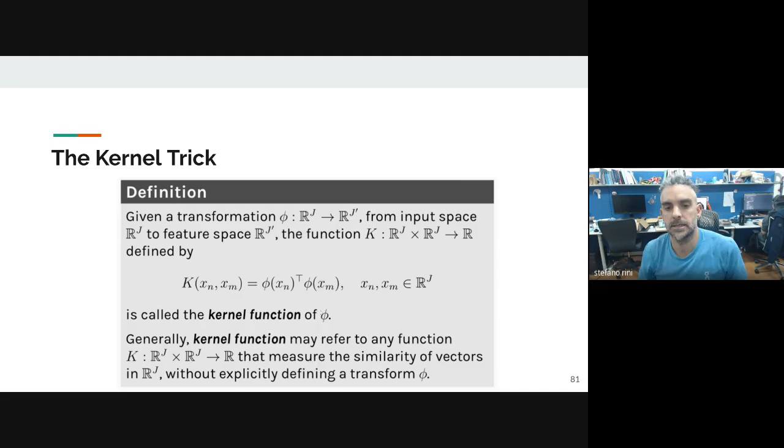The kernel trick is as follows: you choose the mapping phi from j to j prime, but then you just consider the kernel of x_n and x_m, that is the inner product between the projection of x_n and x_m. And this potentially has a much lower dimension than storing the projection, by the way.